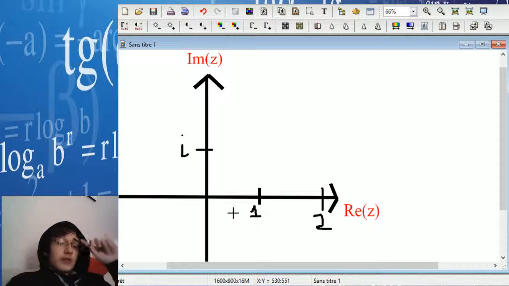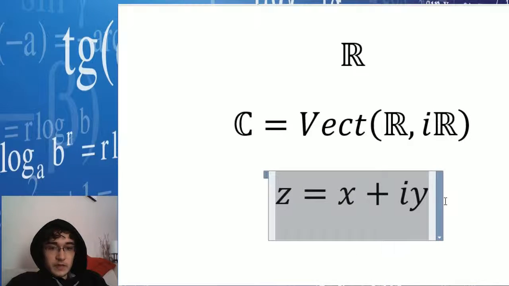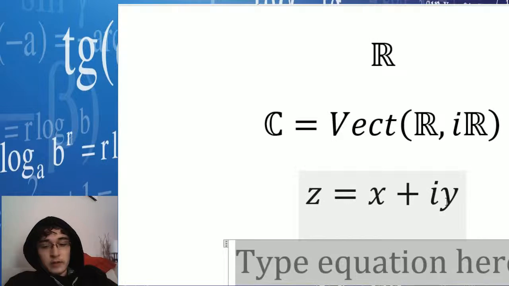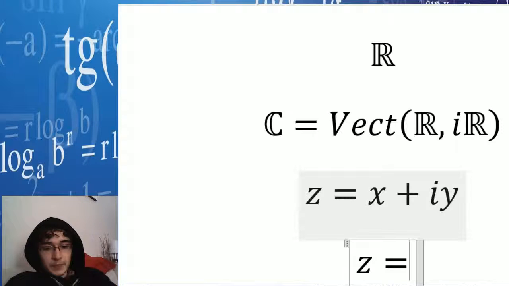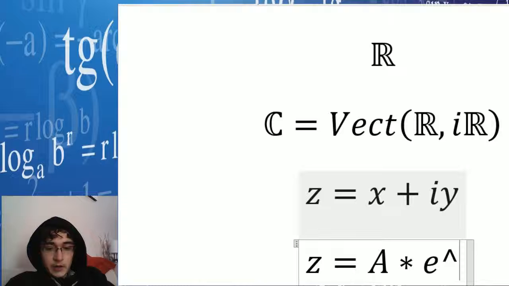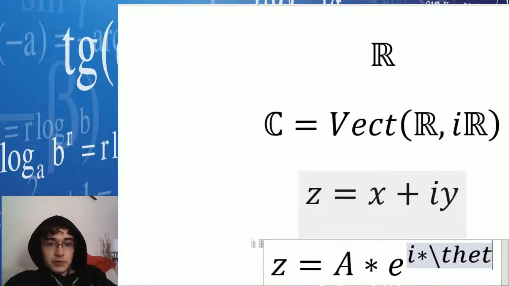Then you can do better. You can rewrite your complex z as being a times an exponent, i times an angle that is usually called theta.